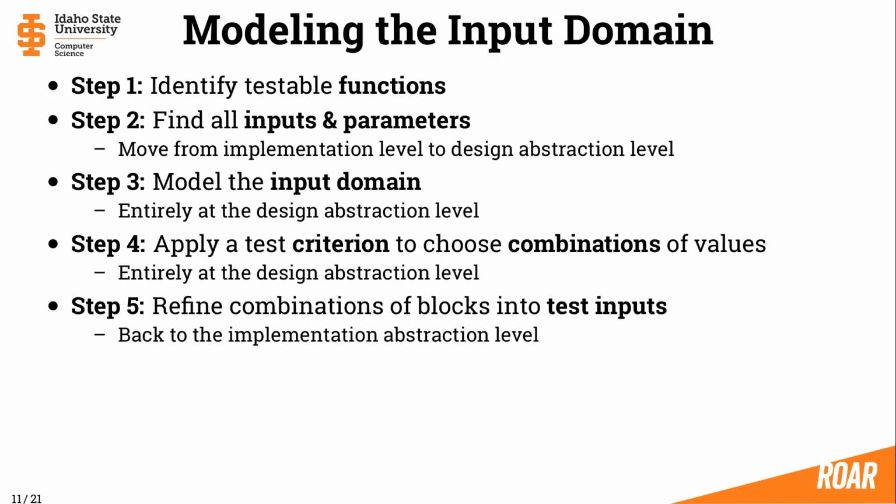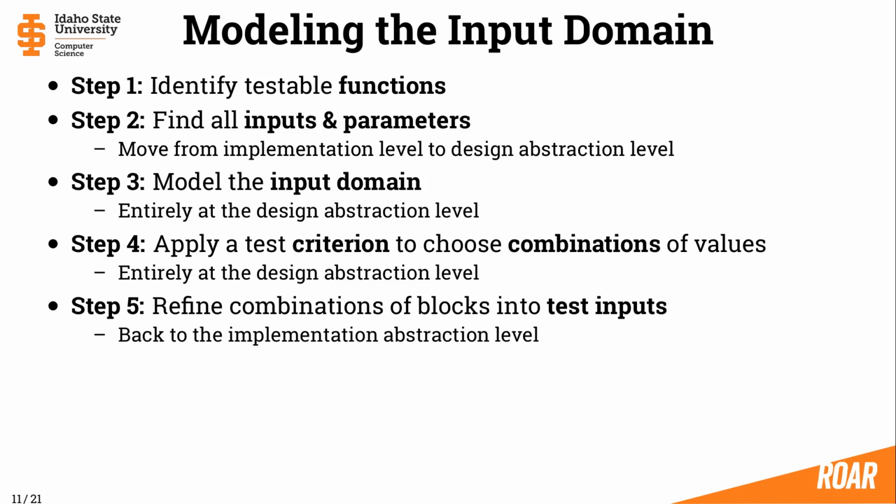But anyway, when we're thinking about this, when we're trying to model the input domain, okay, we have essentially 5 steps. The first step is to identify the testable functions that we want to actually work with. Step 2 is to find all the inputs and parameters, okay? And then we can use that to move from the implementation level to the design abstraction level.